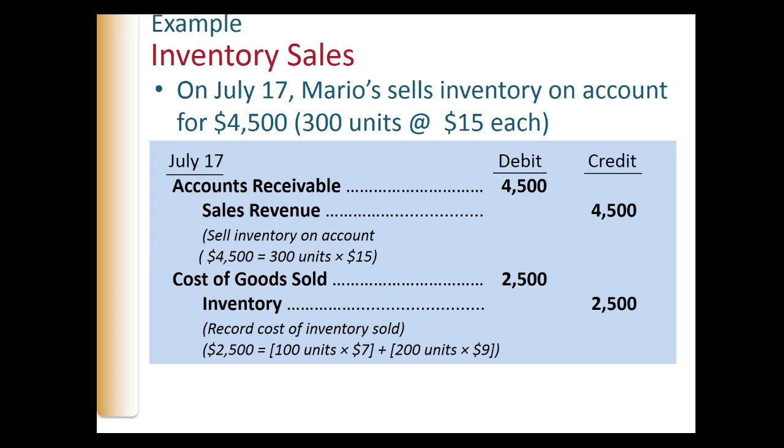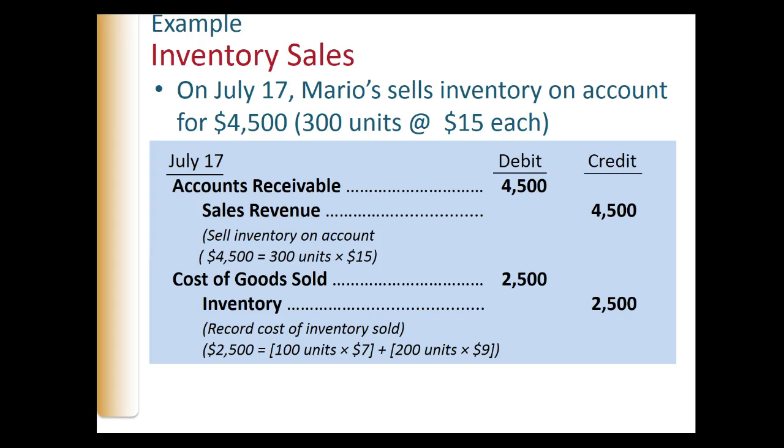We assume that Mario's Game Shop uses FIFO and calculate the cost of the first 300 units purchased as $2,500, which is $700 of beginning inventory, the 100 units at 7, plus $1,800 of the April 25th purchase, 200 units at 9.